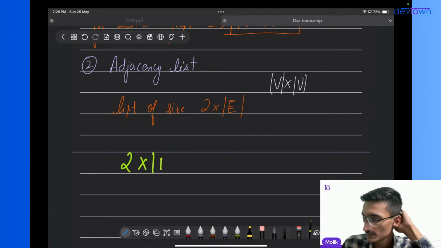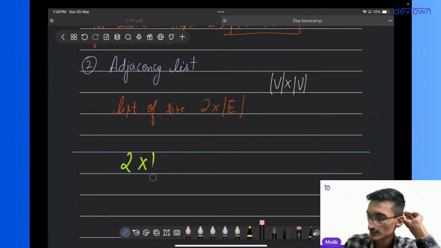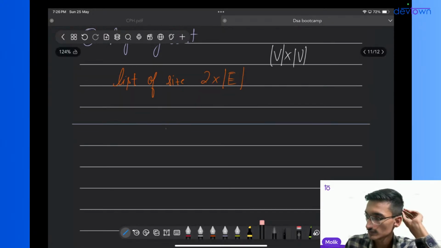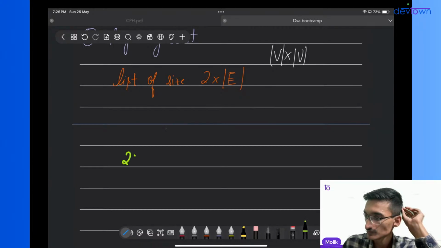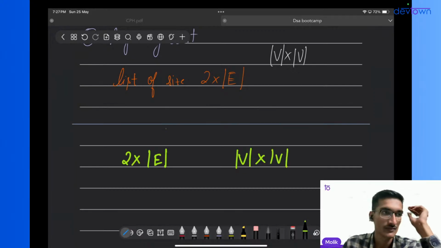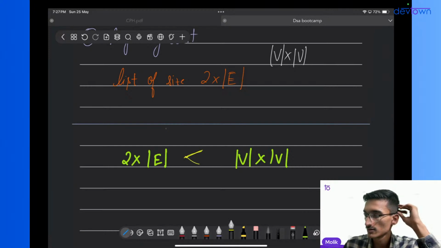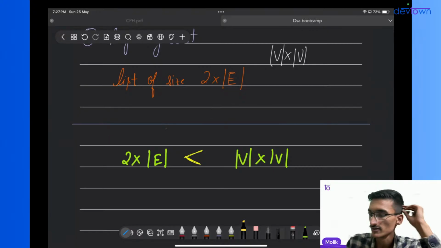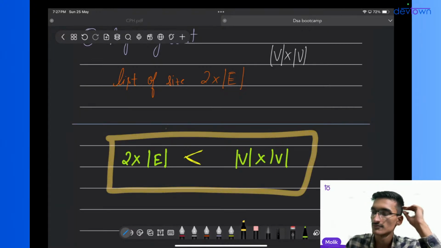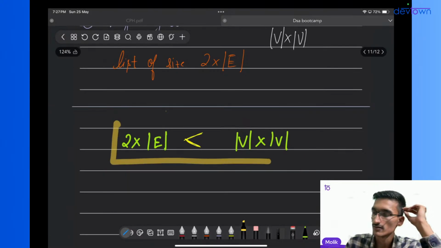Which will be bigger? So clearly, it's pretty clear that this is going to be the case, right?